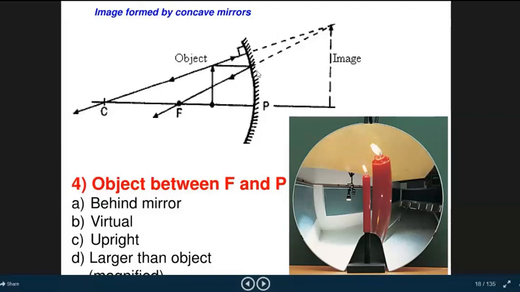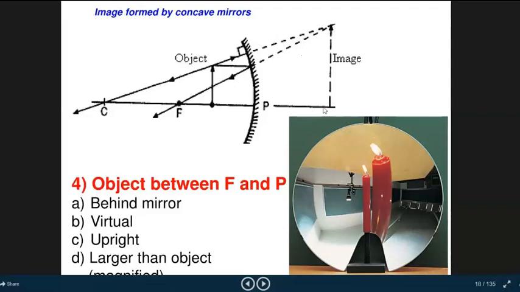Therefore, we extend the reflected rays behind the mirror and see where these two rays virtually appear to intersect. You see here these two rays virtually appear to intersect at this place.